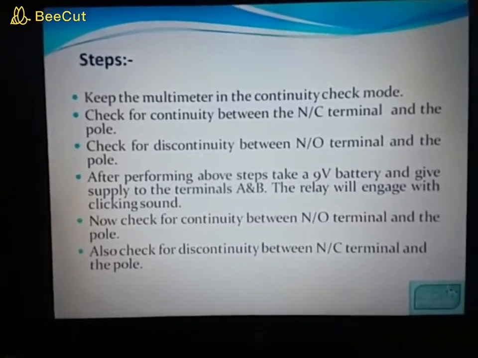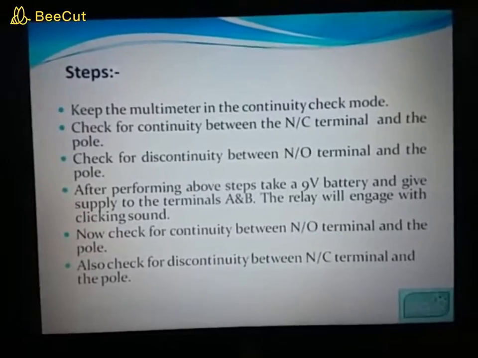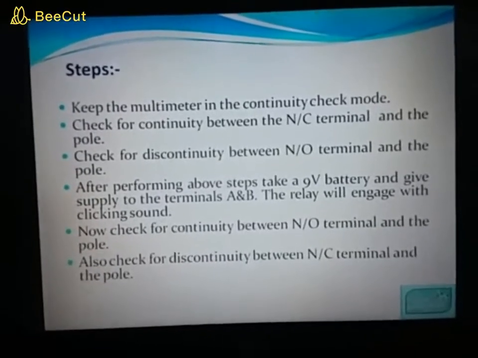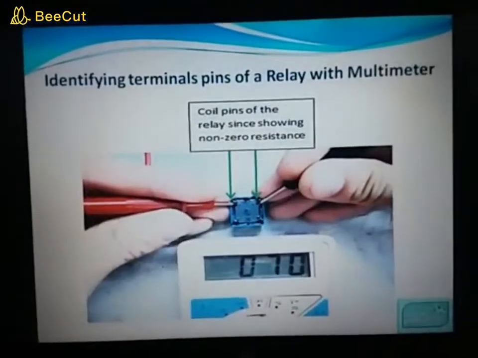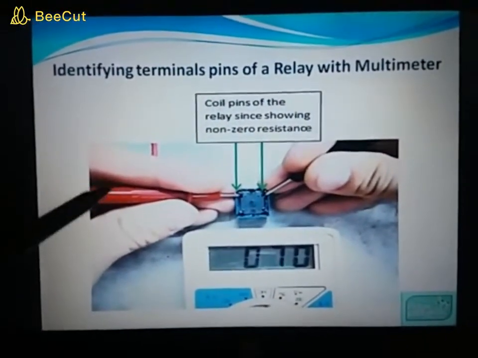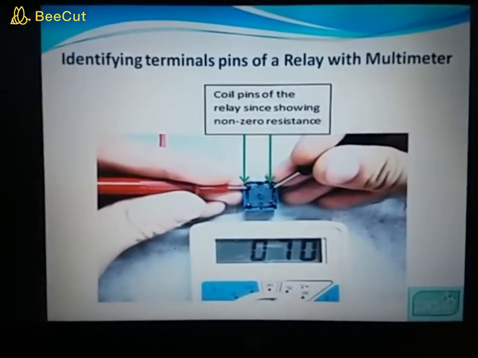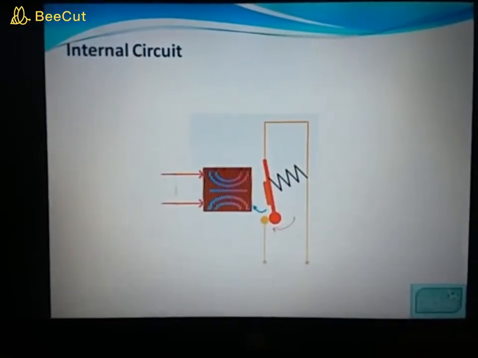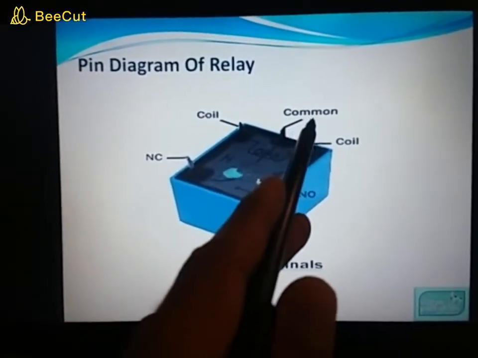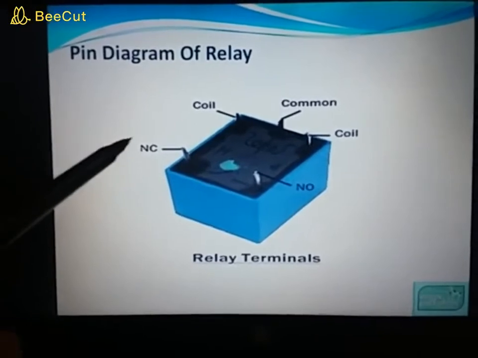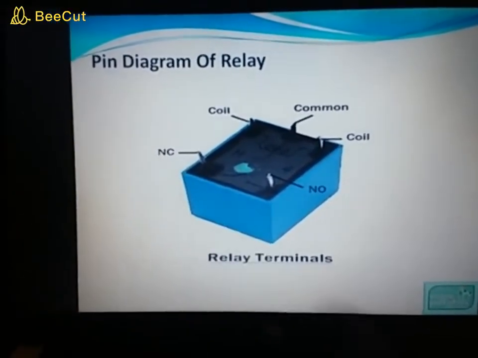Now what we have to do, we have to check the continuity between the normally closed terminal and the pole. The multimeter has 2 probes, one is red, another is black. Place the red one to the common terminal, that is also called the pole terminal, and another to the normally closed terminal.